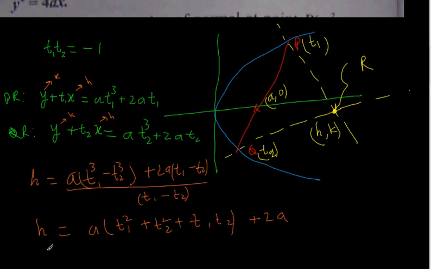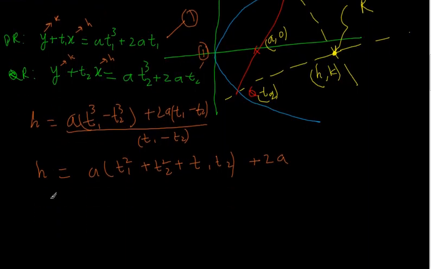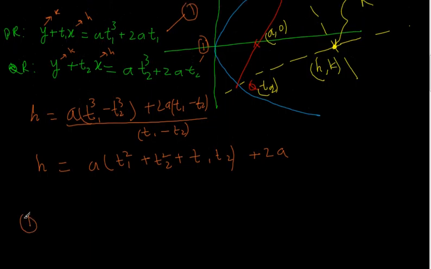And what about K? You multiply here with T2, multiply here with T1. Equation 1, equation 2. Now I'm going to multiply equation 1 with T2 and equation 2 with T1 on both sides, and subtract.